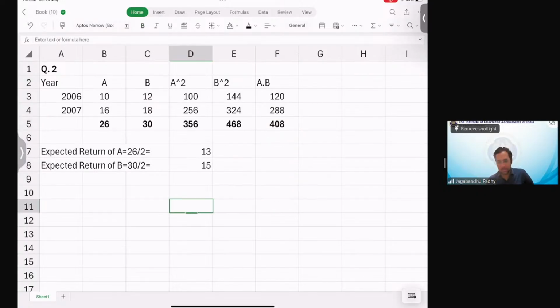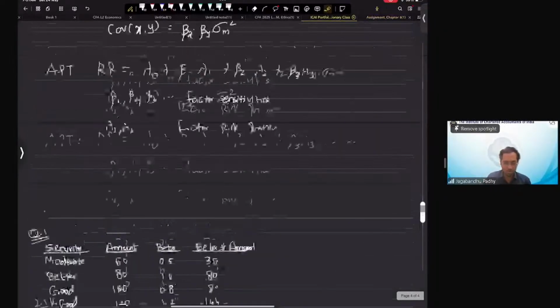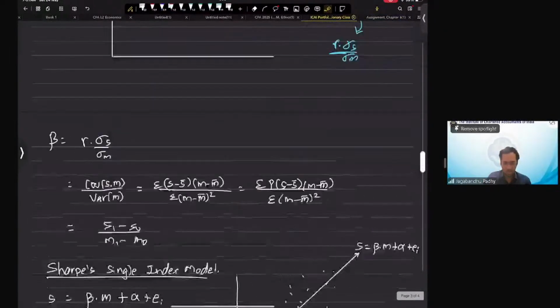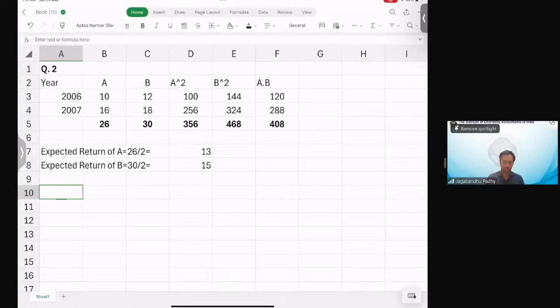Now we have to calculate the standard deviation, covariance, and correlation by using the respective formula. I think you have access to this formula. You have already taken the screenshot of this.